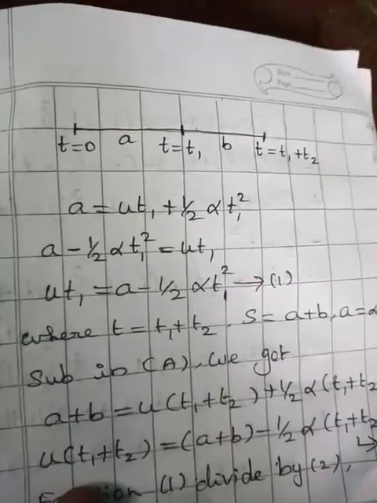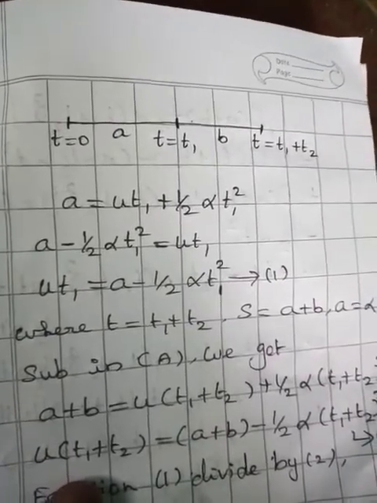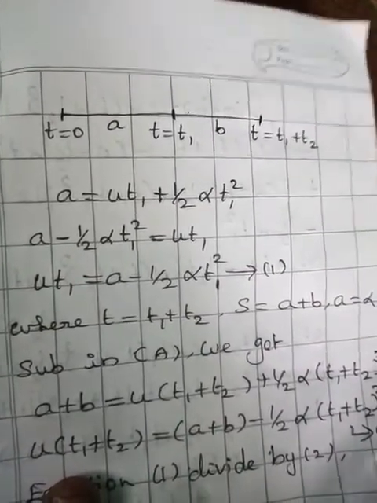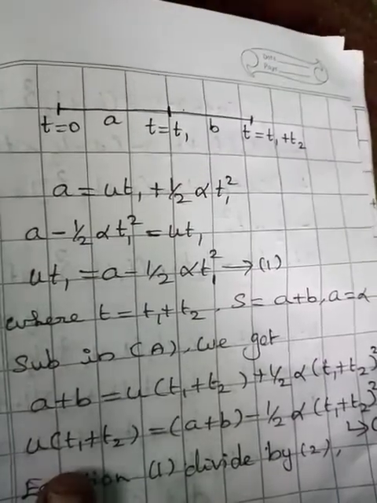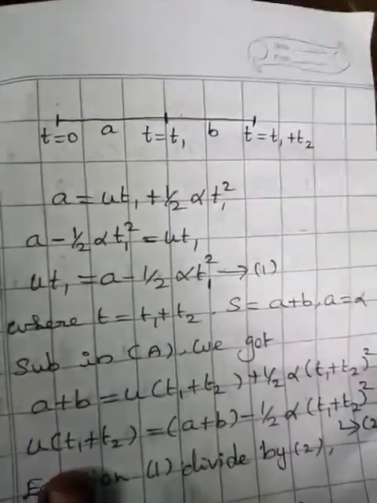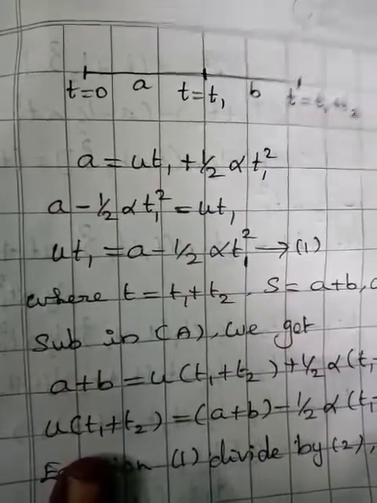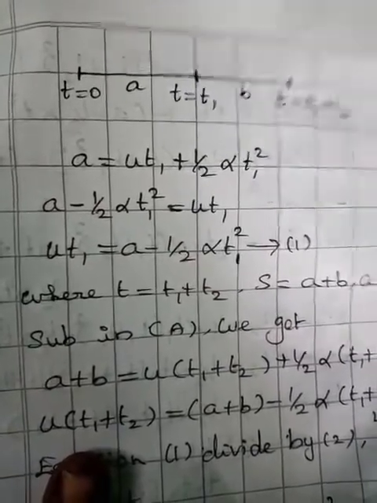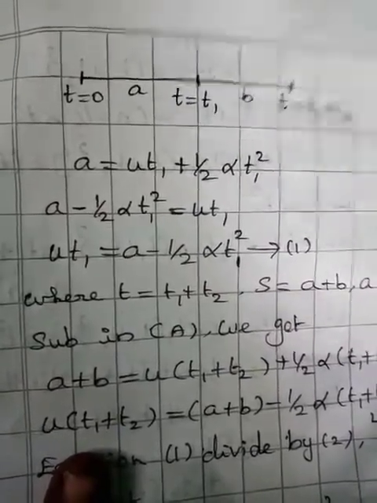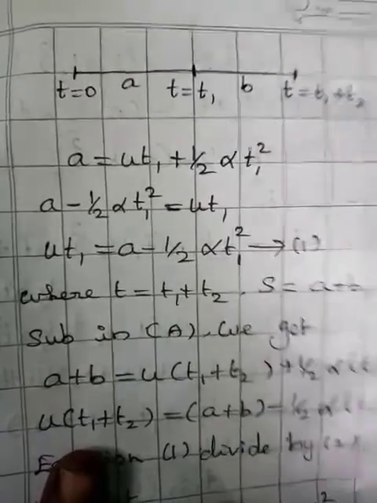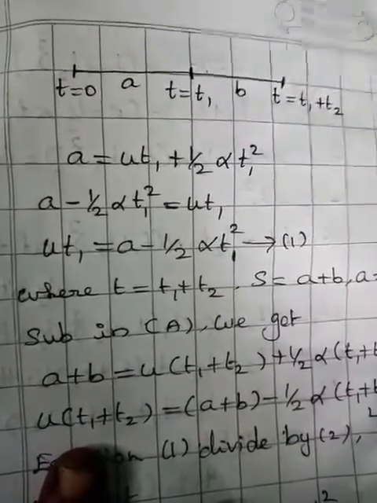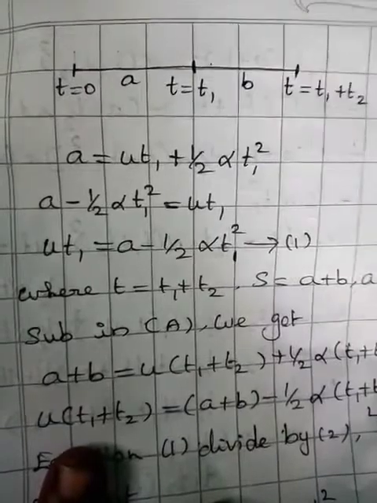Next a equal to u t1 plus half alpha t1 square. This is the formula of distance. So u into t1 is equal to a minus 1 by 2 alpha into t1 square. This is the equation number 1.